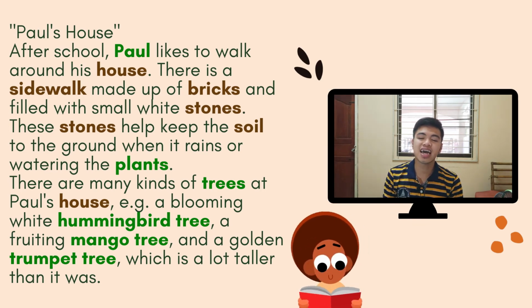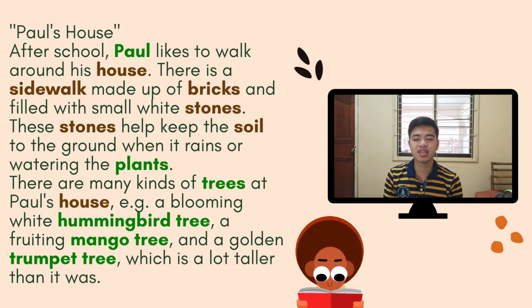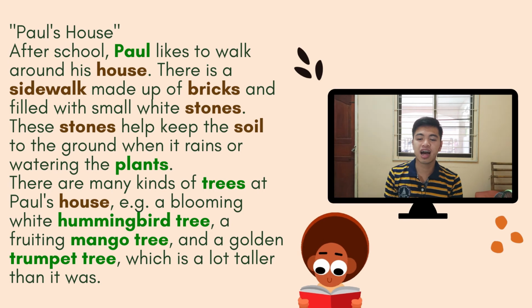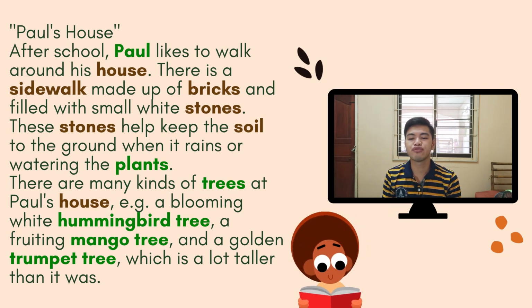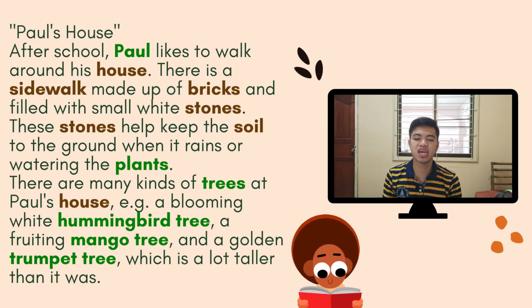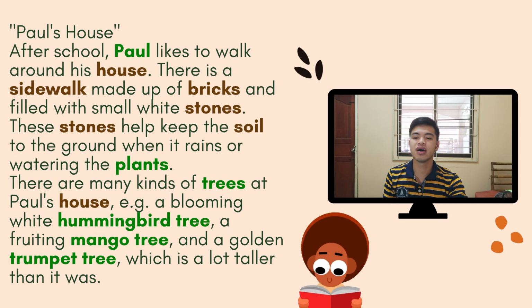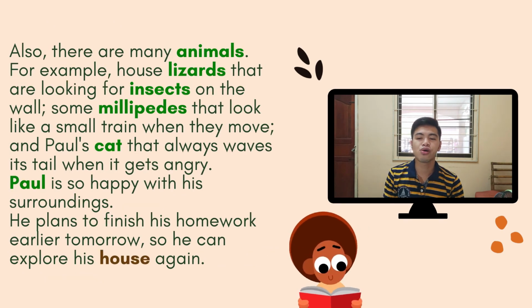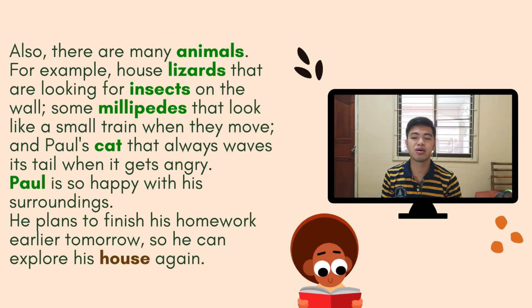There are many kinds of trees at Paul's house. For example, a blooming white hummingbird tree, a fruiting mango tree, and a golden trumpet tree, which is a lot taller than it was. Also, there are many animals.